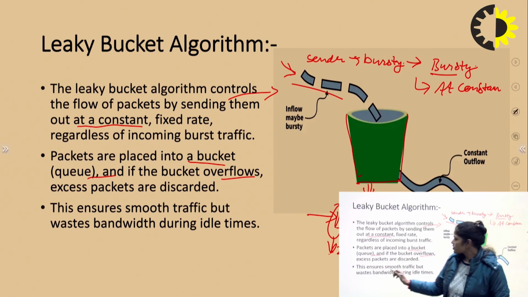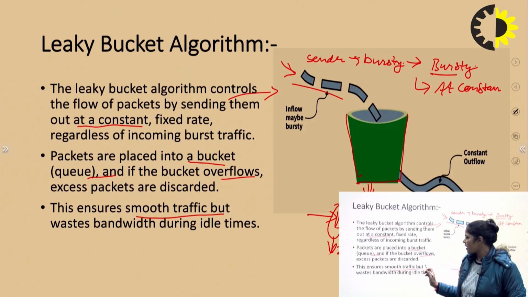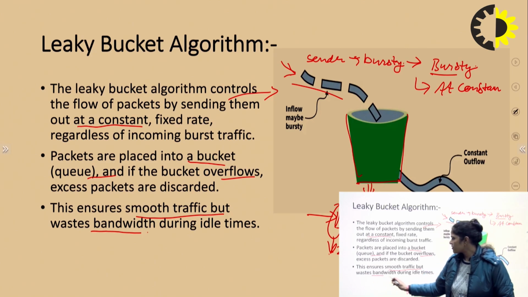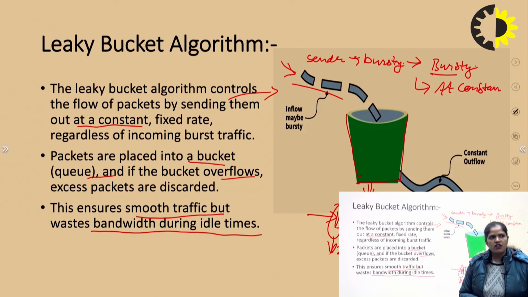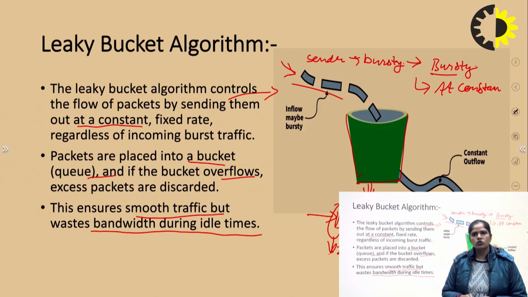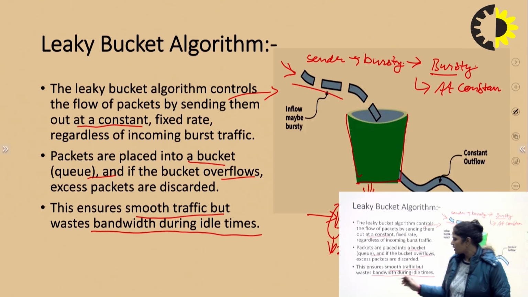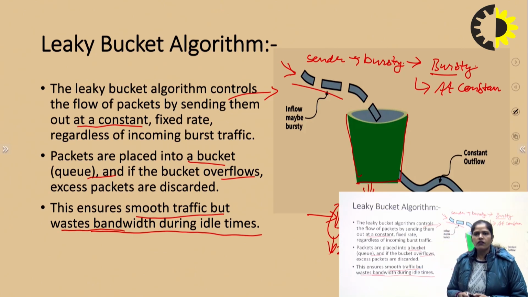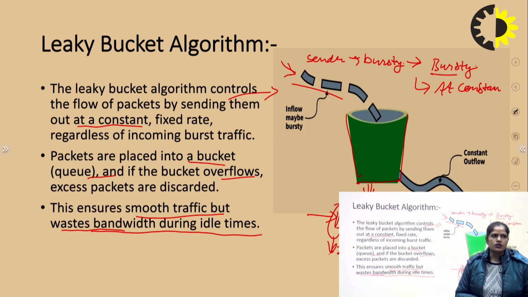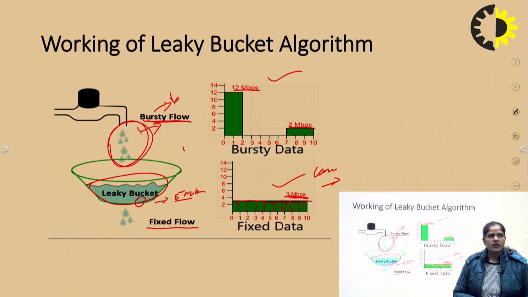So this ensures smooth traffic but wastes bandwidth during idle time. This technique is beneficial because it provides smooth traffic control, you can say it controls the data flow, but it also wastes some bandwidth if the system becomes idle during the execution, during the implementation.